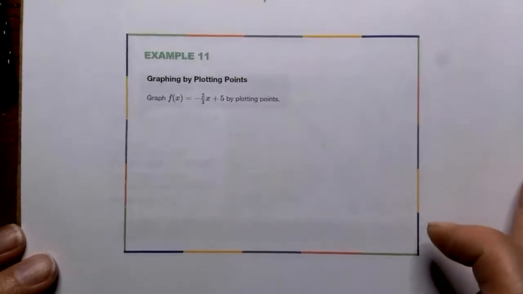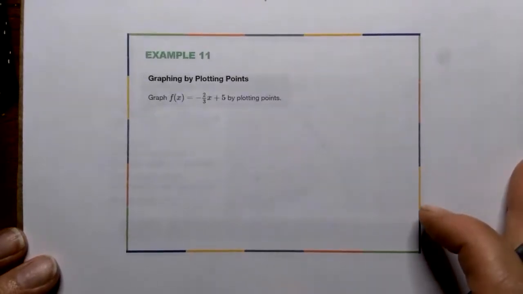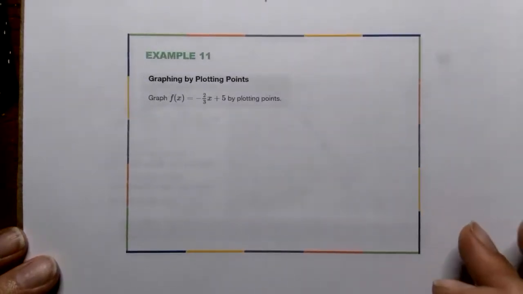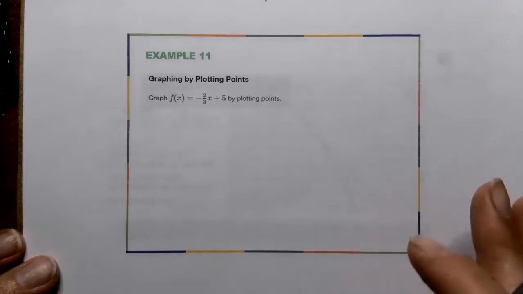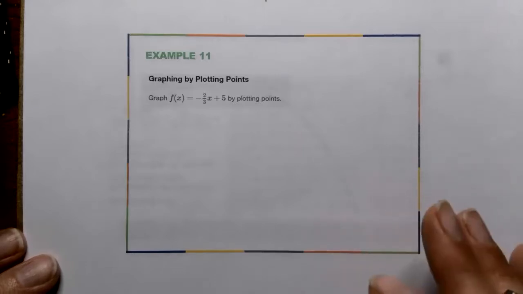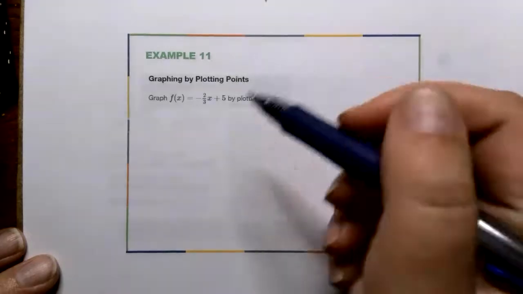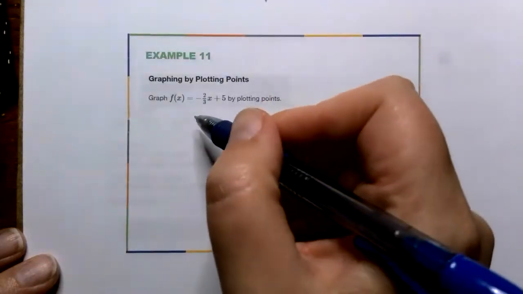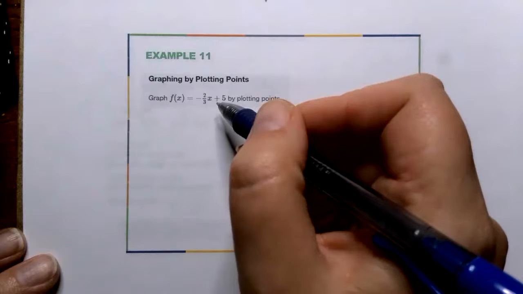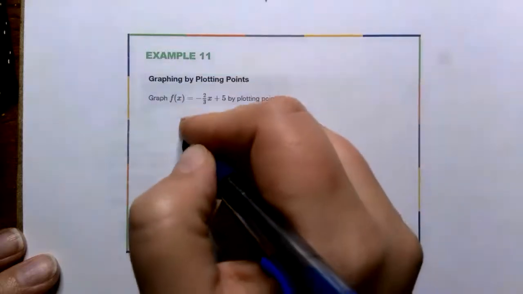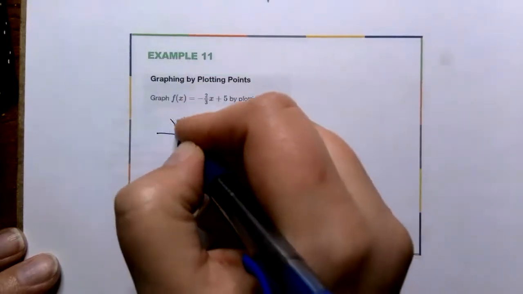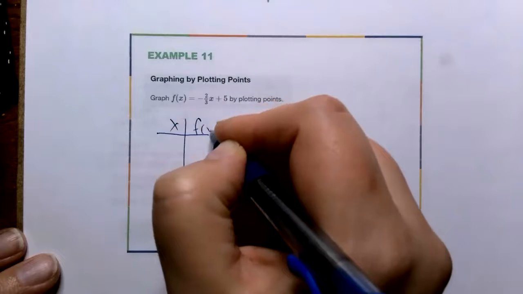How do we graph a function? We already mentioned before that one way of graphing any function, not just a linear function, is by plotting points. So here we have a function f of x equals negative 2/3 x plus 5, and we basically make a table of values.